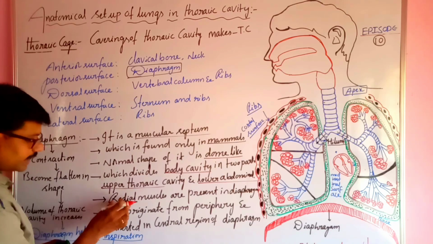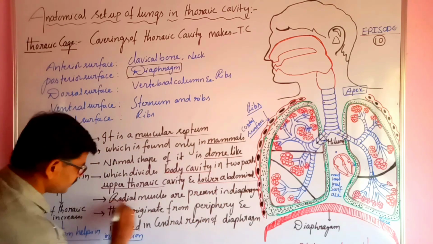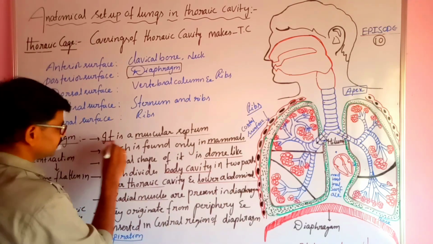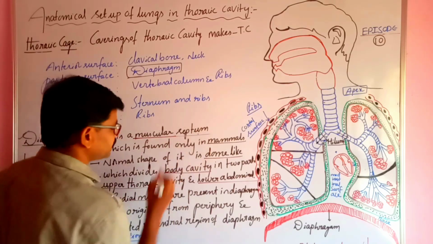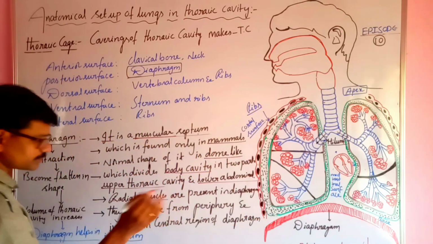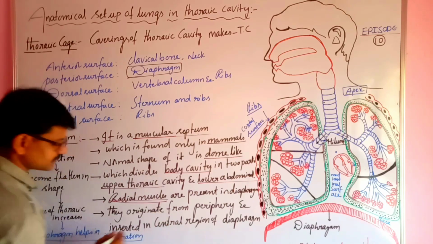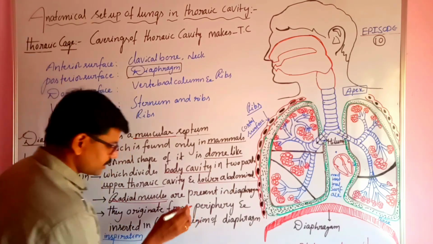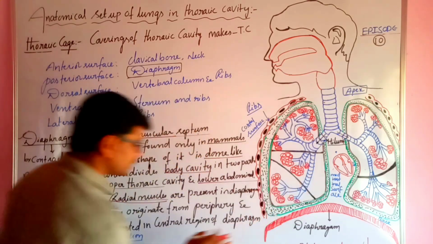Next important thing is what muscles are present in the diaphragm? Generally, radial muscles are present in the diaphragm. I told you initially, it is a muscular septum. That means diaphragm is made up of muscle. The muscles present in the diaphragm are called radial muscles. How they originate is very important.